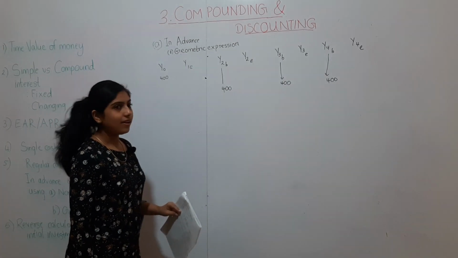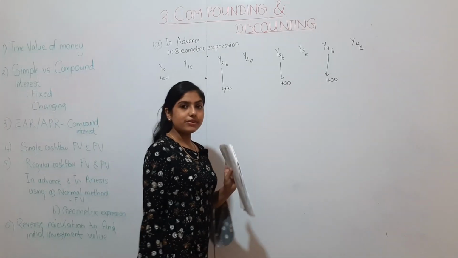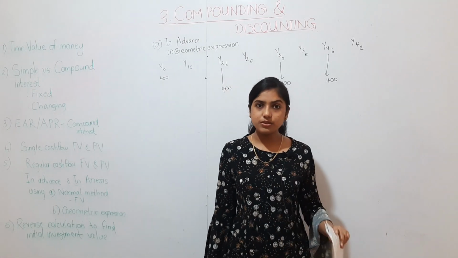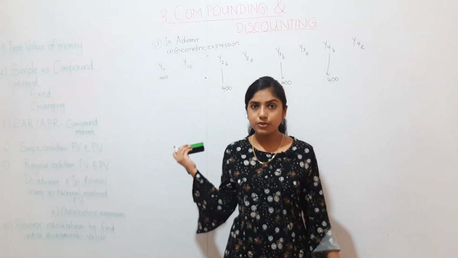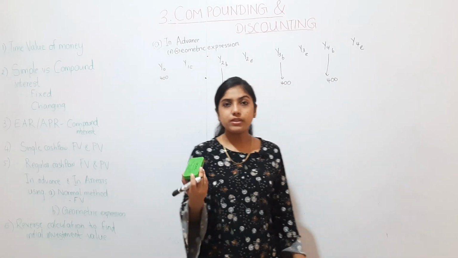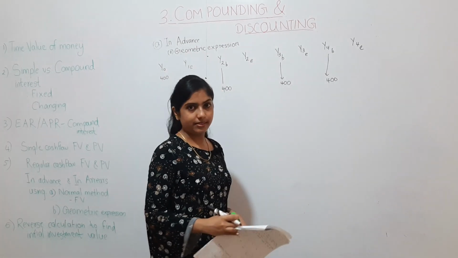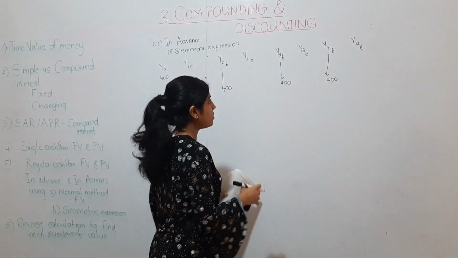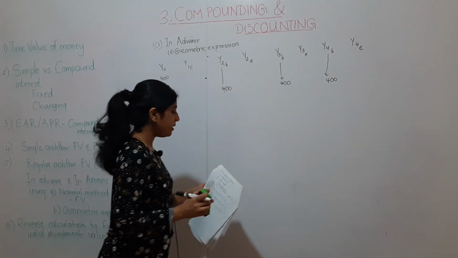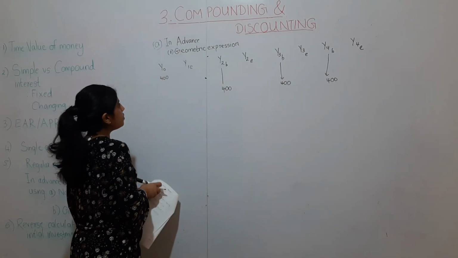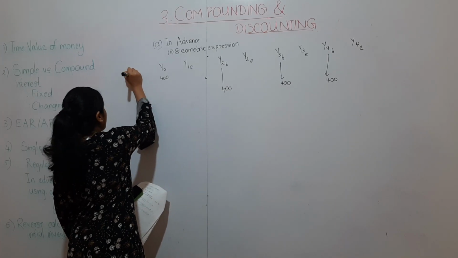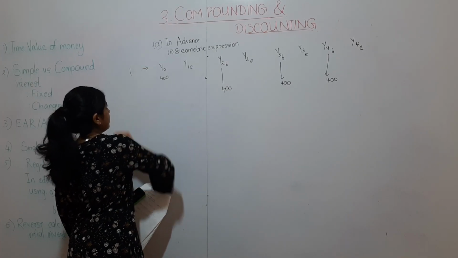Alright, having said that, let's look at the second method we could use to calculate the future value without having to draw this diagram. Okay, so first step would be anyway for you to draw this diagram. Step 1 is to draw this diagram.